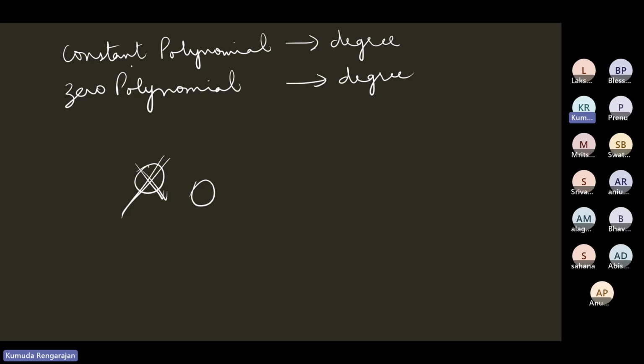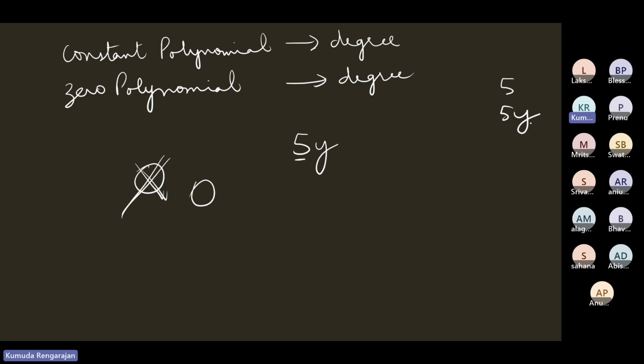So now coming to the degree of a 0 polynomial and constant polynomial. Now, when you write 5, to know the degree of this constant polynomial, you need the variable. So let's write y. But 5, if you simply write y, it becomes 5y. 5 is different from 5y.